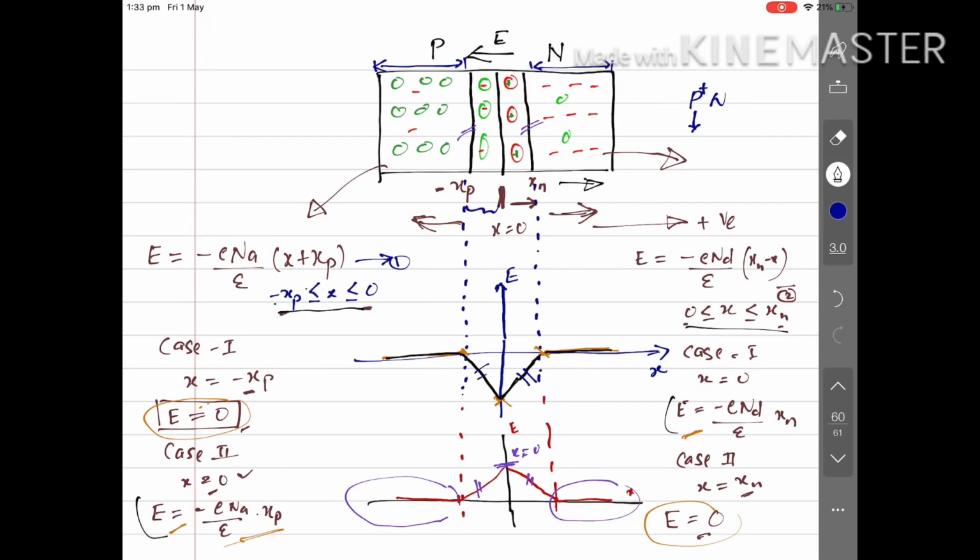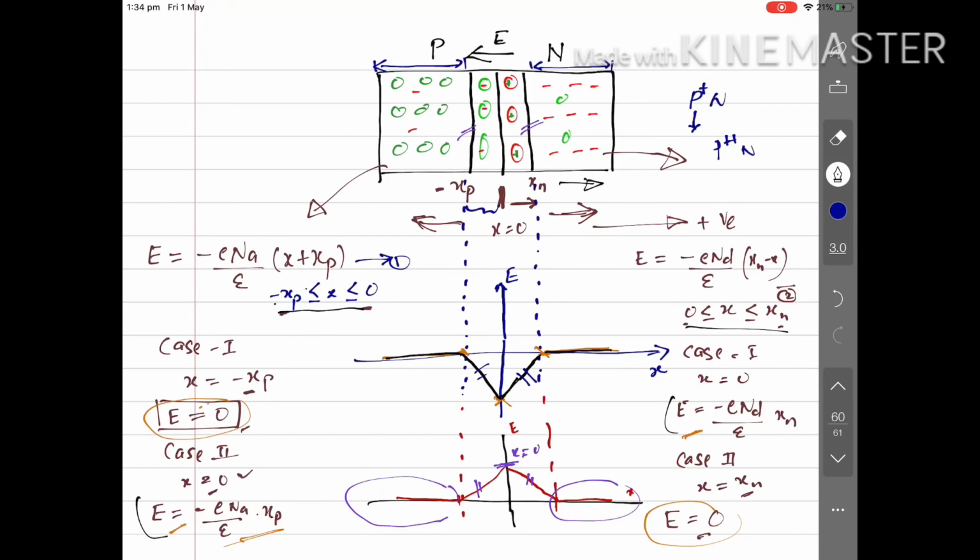So in this situation, in case of p plus n, here plus indicates the moderate doping, and if there is say p plus plus n, that means high doping, right?